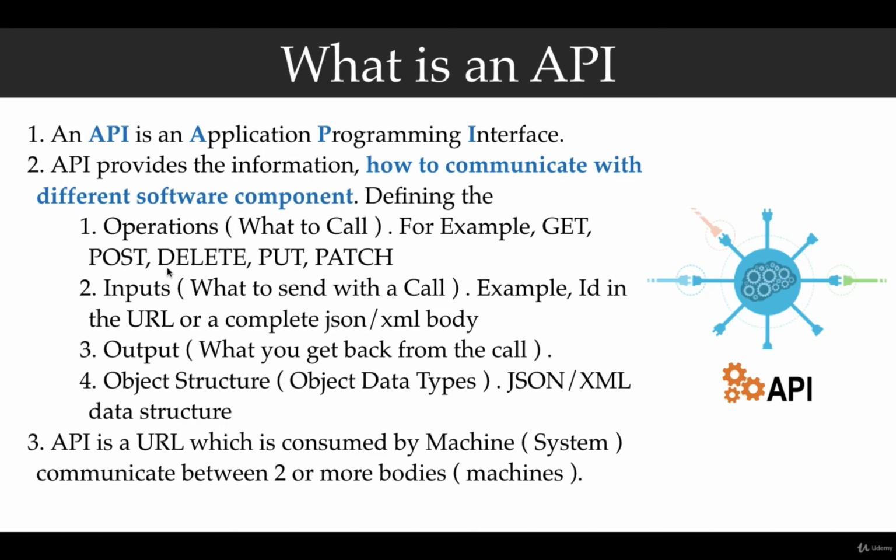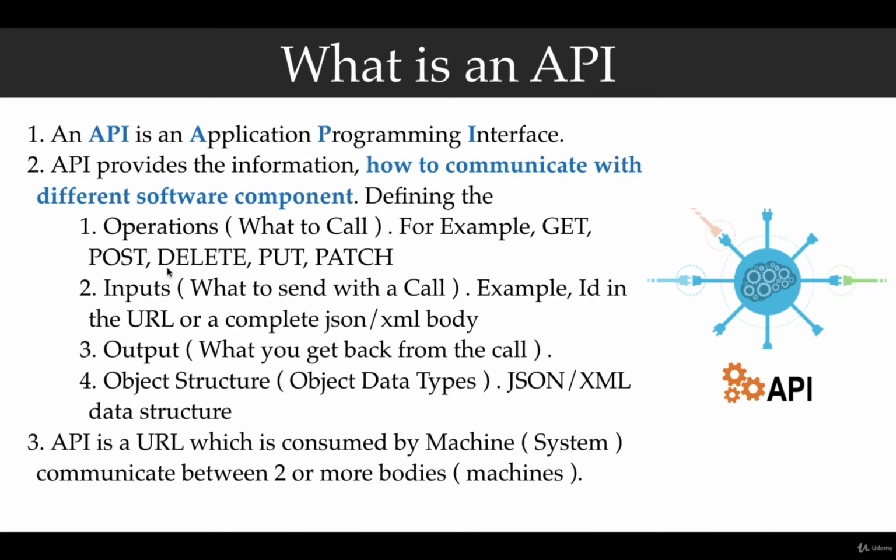We can get the data, we can create data on a system, we can delete data, we can update or we can upsert the data. We can also see what input we can send, and after sending the input what output we will get, that is also provided by the API, and what kind of object structure that API supports.